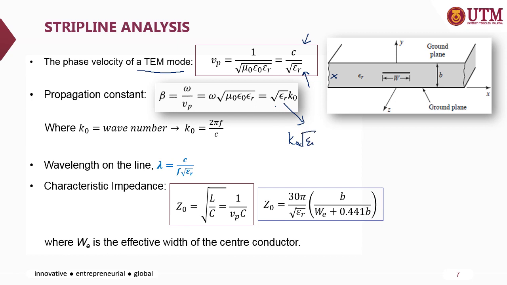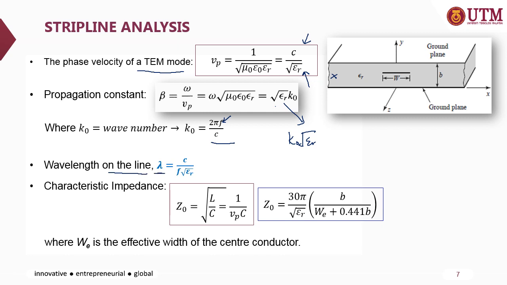Epsilon r is again the relative permittivity of the material, and k naught is the wave number given by 2 pi f, the frequency of operation, divided by the speed of light, and the wavelength of the line is lambda.